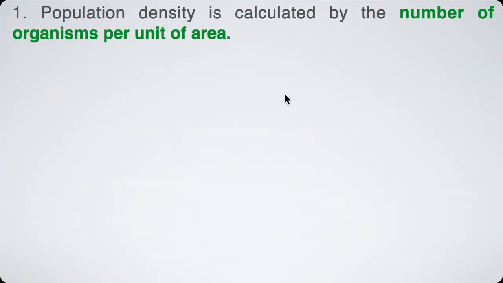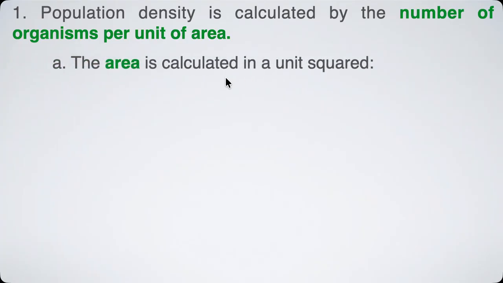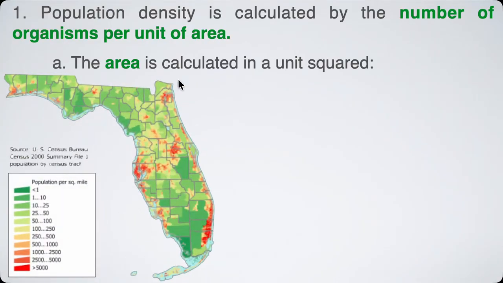What is population density and how do we calculate it? You need to take the number of organisms per unit of area, and that unit of area is just a unit squared. Here we have Florida.